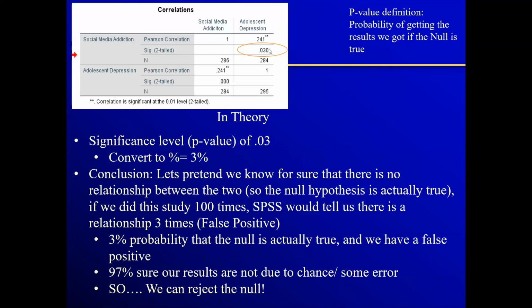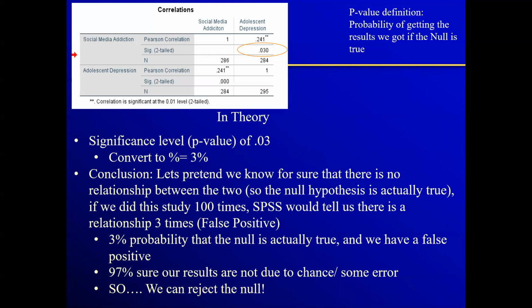That's kind of what this p-value is telling us. It's the probability of getting these results if the null is actually true. These results are telling us, hey, there is a relationship. And in the real world, if the null is actually true, we will only get this result 3% of the time. And we're okay with that as psych researchers.